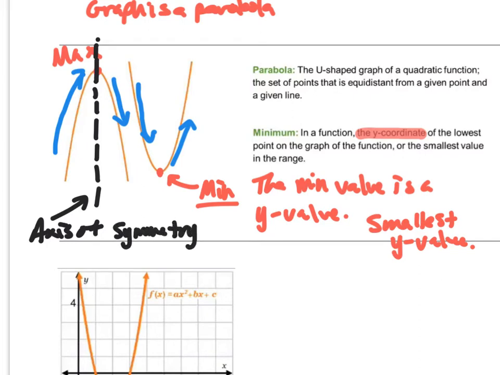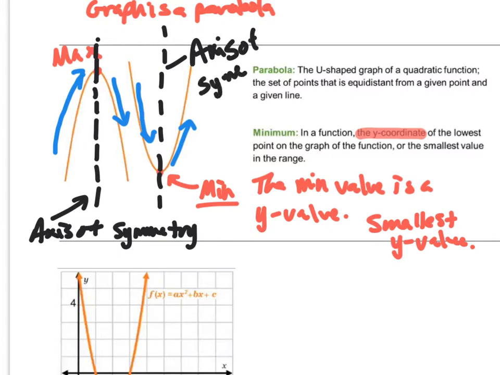Same thing here: if we had a parabola that opened up, and we drew a vertical line up from the minimum value, then that is also our axis of symmetry. So that's the idea there.